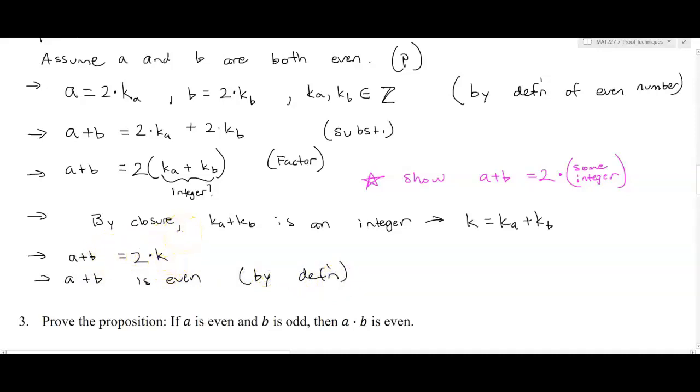So that concludes our proof, and we've just proven that if A and B are even, then A plus B is even. And that means we're done at this point.